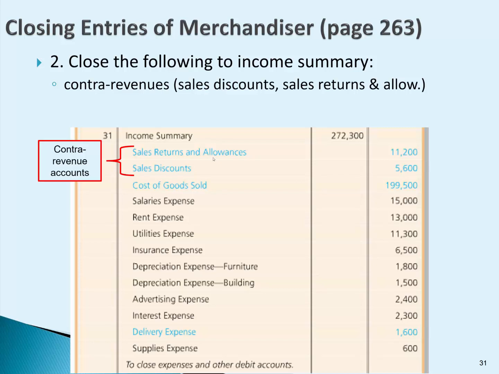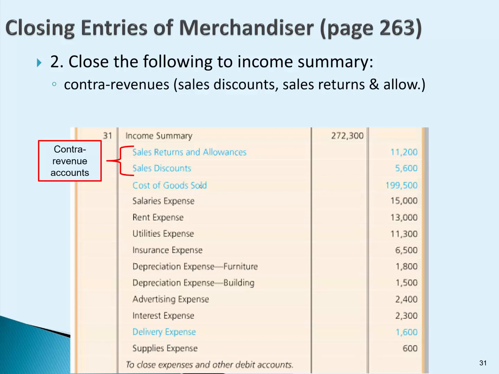So revenues, contra revenues, and expenses are all temporary accounts. Remember, since they are contra revenue, they normally have a balance the opposite of the revenue. So their balance would be over here on the debit side. But to close them, we would have to put the amount on the opposite side to close them out.